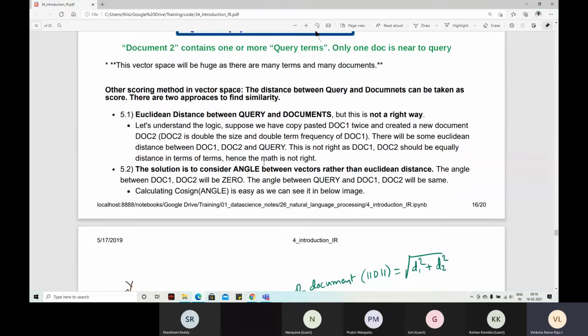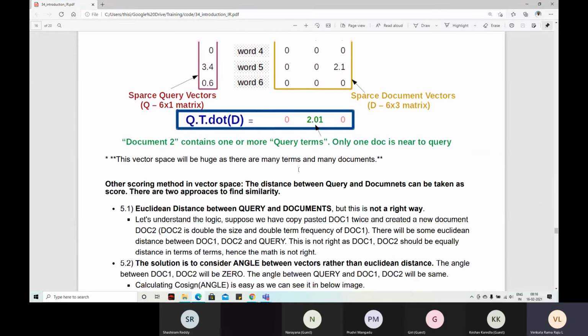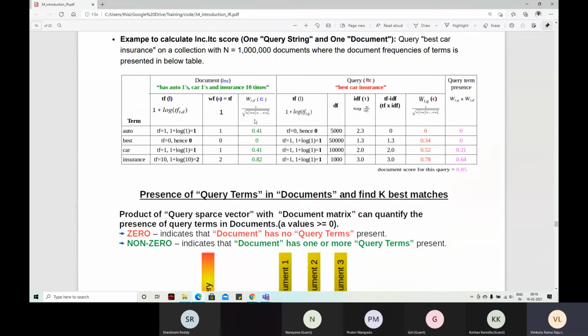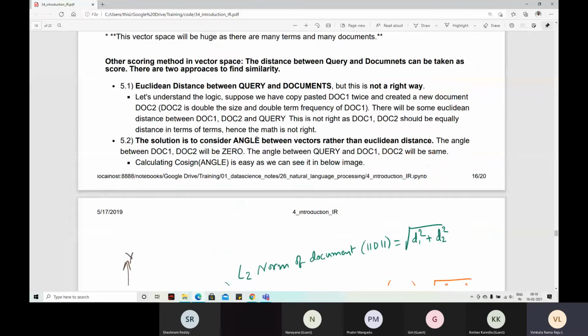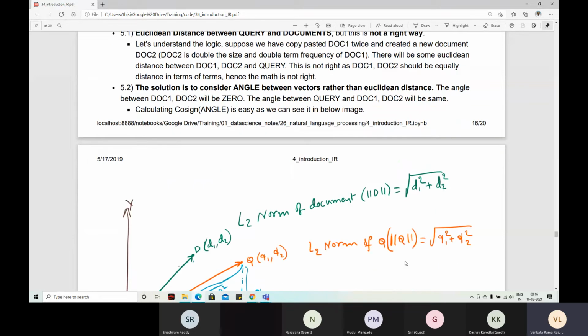But there is a problem with it. If the vectors are not unit vectors, if you haven't applied the L2 norm on the vectors, let me write it and explain.